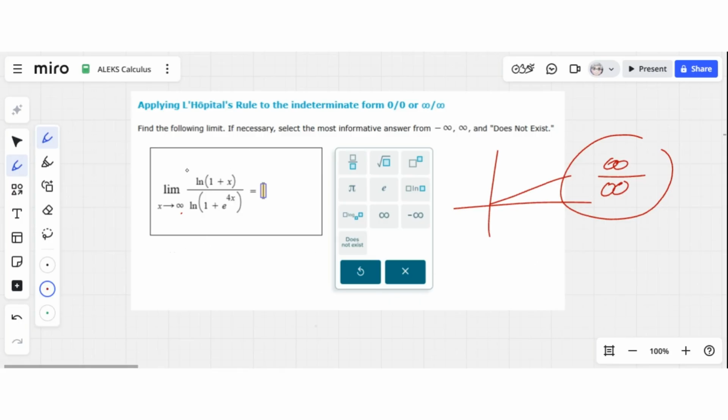So let's take the derivative of the top and then the derivative of the bottom. For the derivative of the top, the natural log of something is going to be 1 over that something. So 1 over 1 plus x. And then we'd need to multiply by the derivative of what's inside, applying the chain rule, but the derivative of what's inside is just 1, so that doesn't matter.